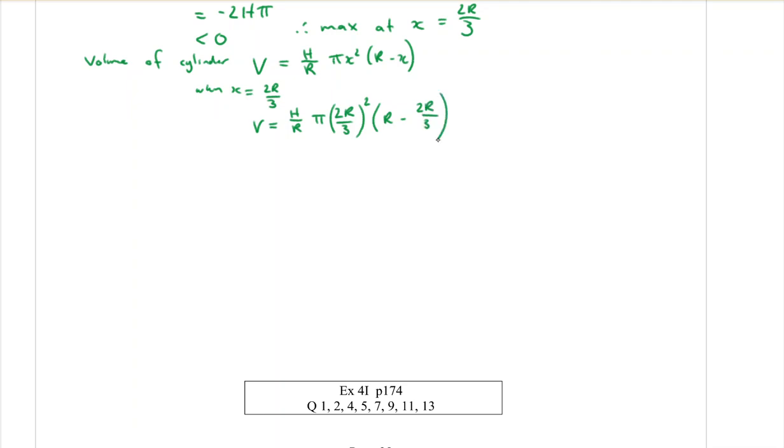Okay, what can I do? Let's expand the bracket out. But we ought to do both, but maybe we should do one at a time. So h over r times 4, because square the 2, pi r squared over 9. Then we would have r minus 2r over 3.